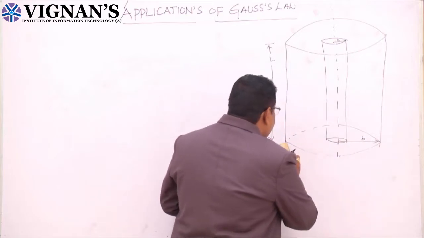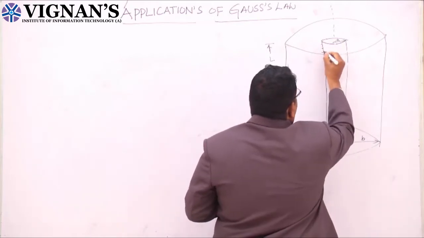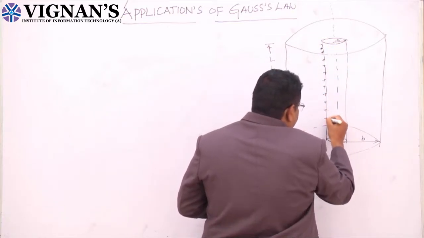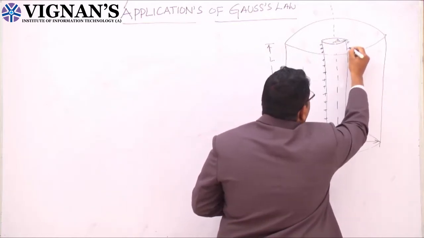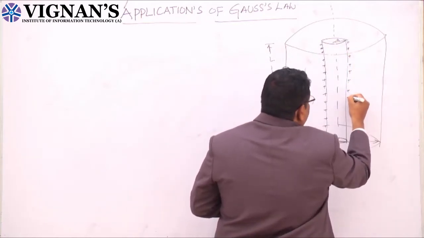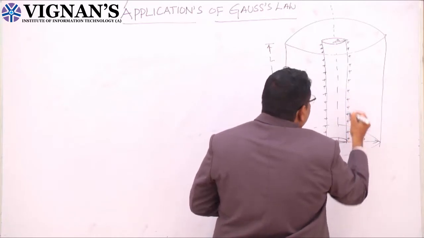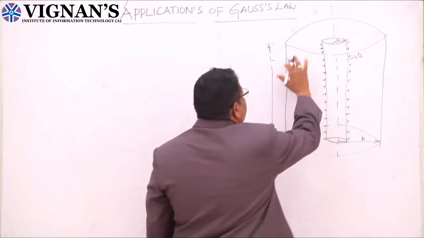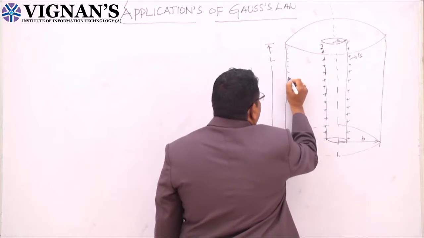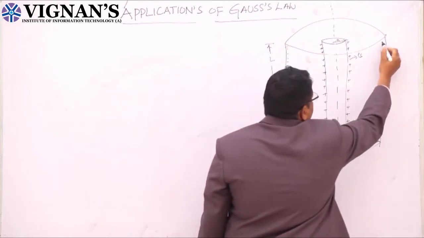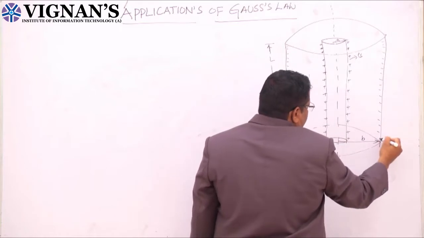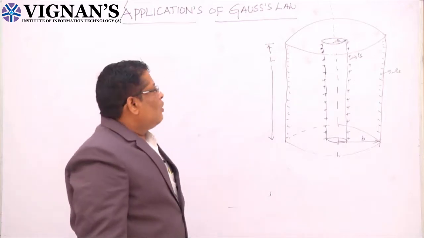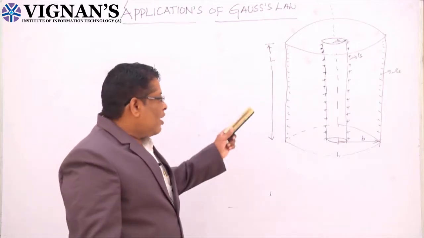We are assuming that the positive charge is placed on the inner conductor, defined as rho S. The same amount of negative charge will be placed on the outer cylinder, that is minus rho S.